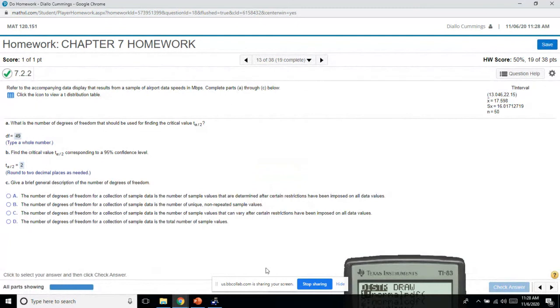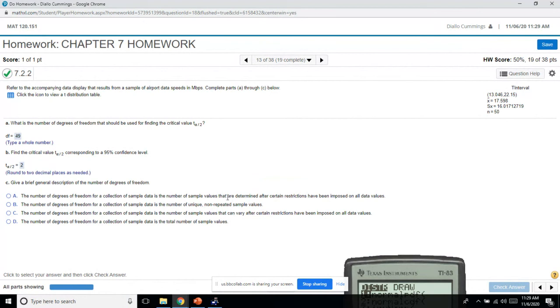Lastly, we're asked to interpret it. The number of degrees of freedom for a collection of sample data is the number of sample values that can vary. Notice this one contains "that can vary."